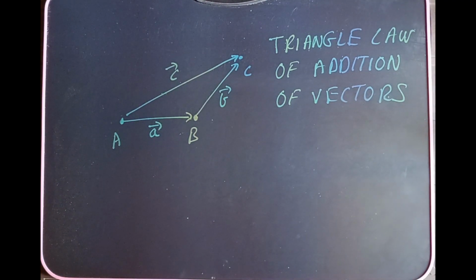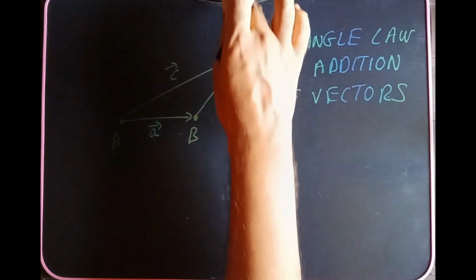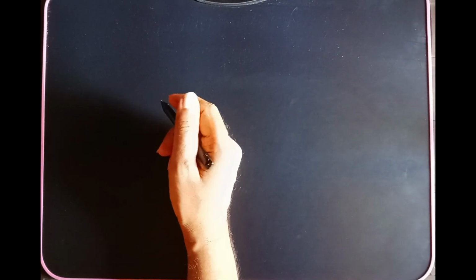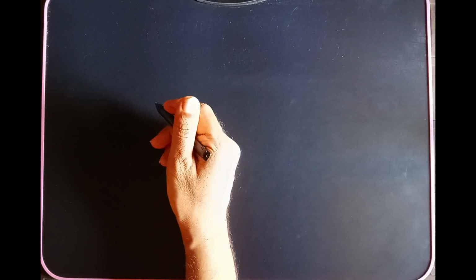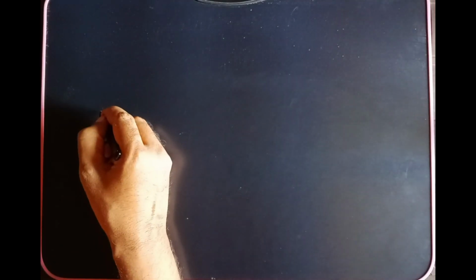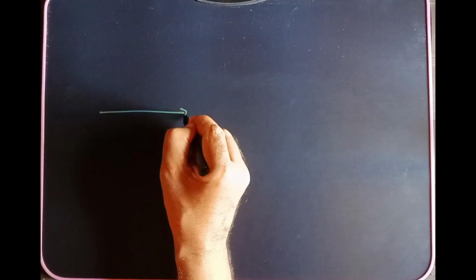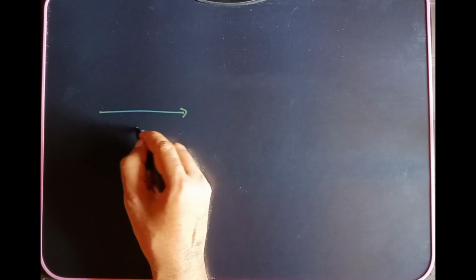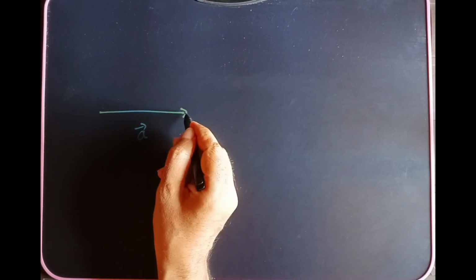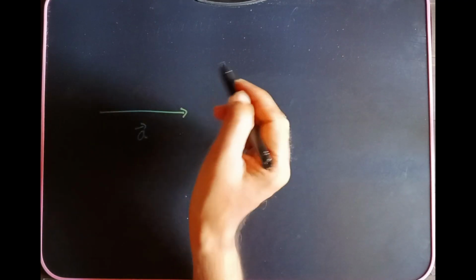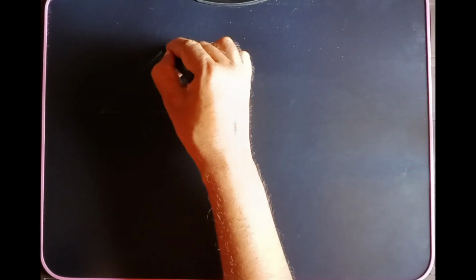So let us go to another case. Let us now displace one of the vectors such that the tails are at the same point. So if you have this vector A, now this vector is displaced at an angle theta.